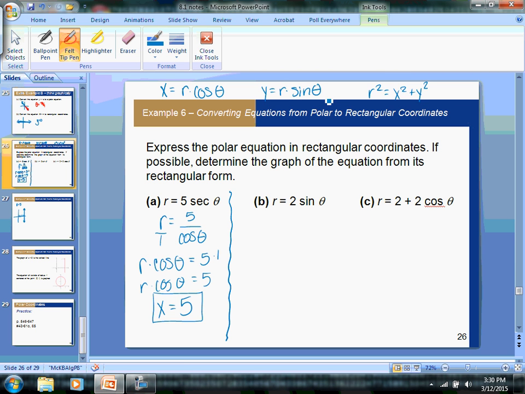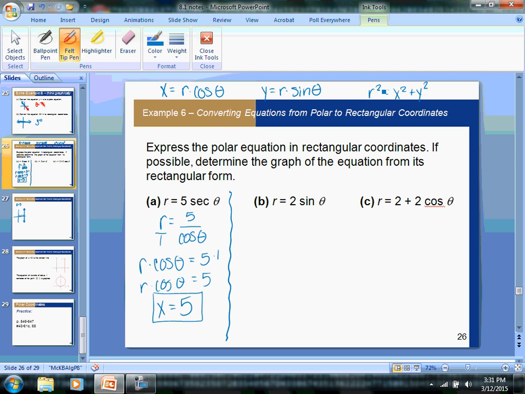So I can't really do that. I don't have a cosine, so I can't really use that first equation either. This other equation has me needing an r squared. Now if I could change the r to an r squared, I could maybe work with this a little bit.